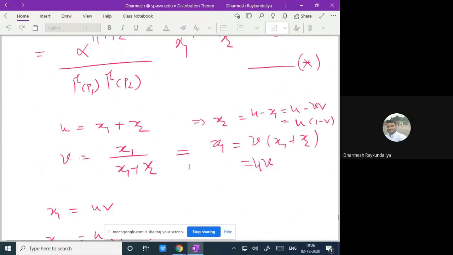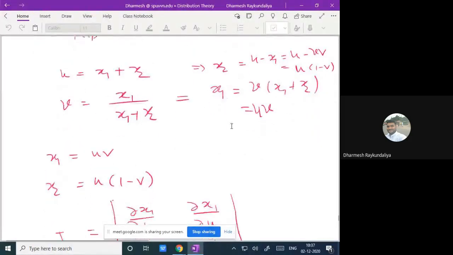You can write x1 equal to x1 plus x2 into v. But what is x1 plus x2? It is u. So x1 is uv, and if you substitute x1 equal to uv into this, you get x2 equal to u minus x1, equal to u minus uv, that is u into 1 minus v. So it is a two variable case.